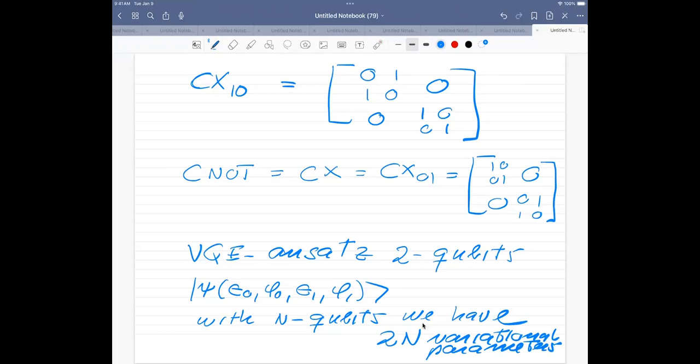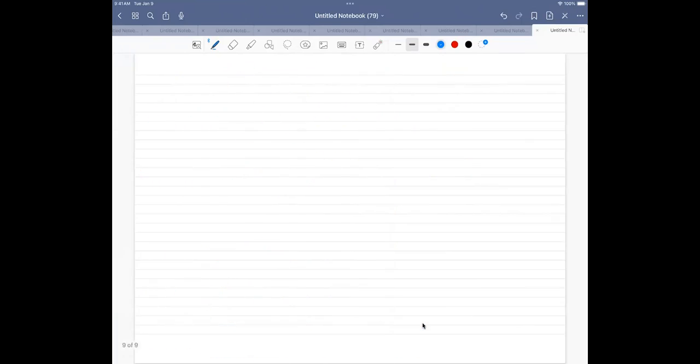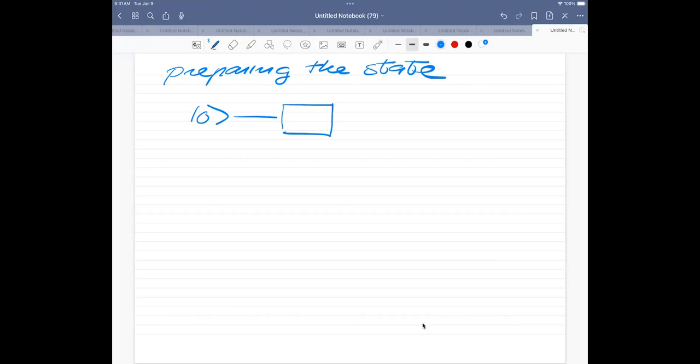Now, a typical way to do that, preparing the state, is as follows. You would normally prepare that with a 0, 0. If you assume that that is a good ansatz for the lowest lying state, so you would have a 0 here, and then you would rotate it along the x-axis.